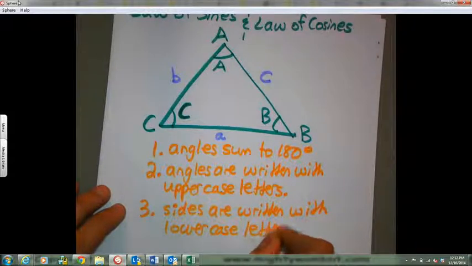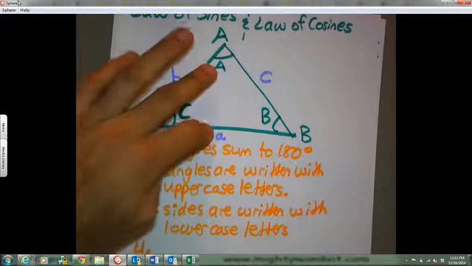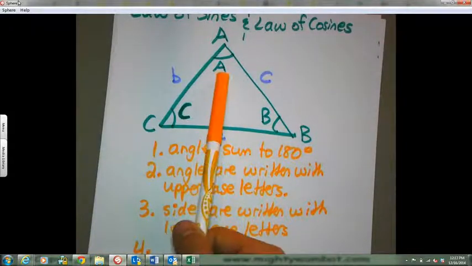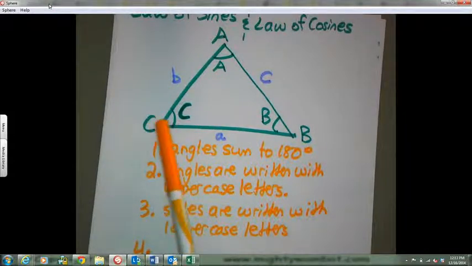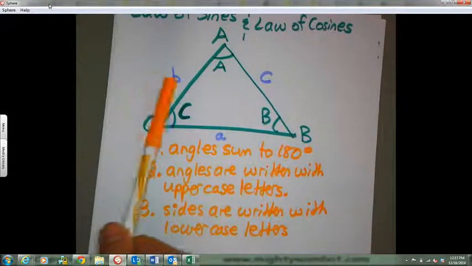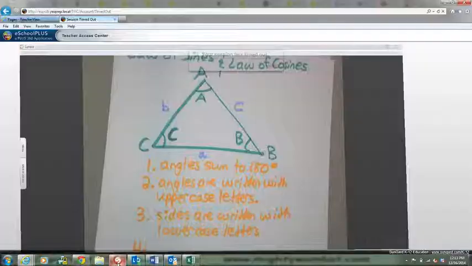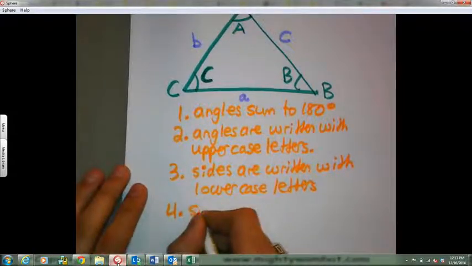Number 4 is that the side is across from the corresponding angle. Side A is across from angle A. Side B is across from angle B. So I know that sides are across from the corresponding angle.